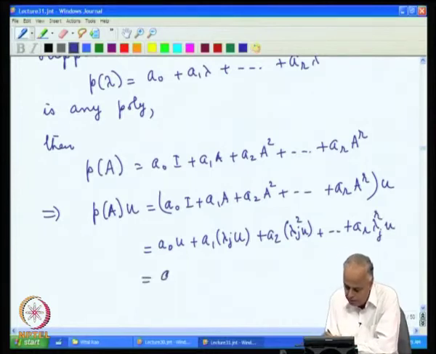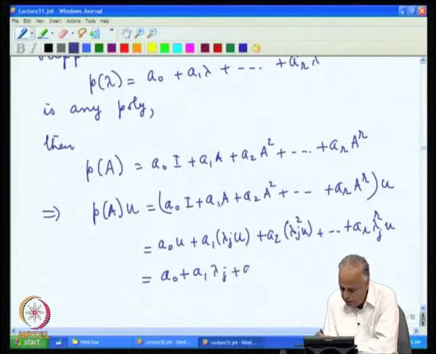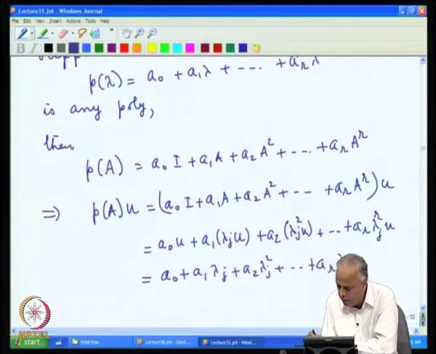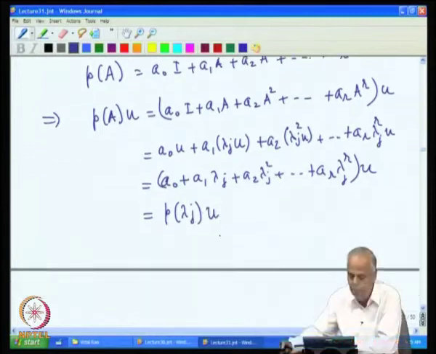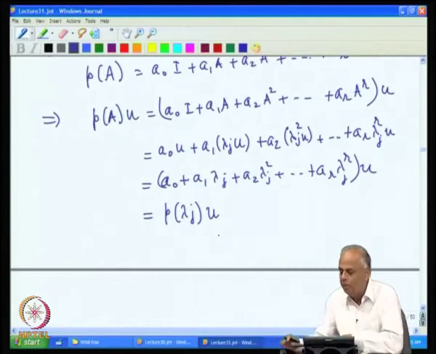We see that this can be written as A naught plus A 1 lambda j plus A 2 lambda j squared plus A r lambda j power r into u, and what is in the bracket is nothing but the polynomial p evaluated at the point lambda j, times u. So, P A of u is P lambda j of u.